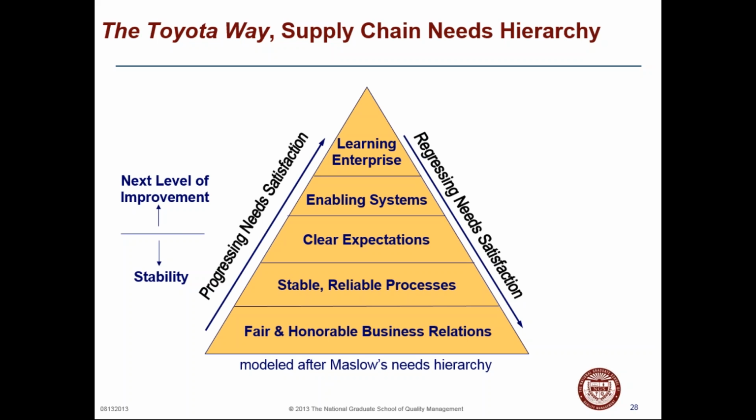But here it suggests that until you build those relationships with your suppliers and stabilize them to the point where business relationships are fair and processes are stable and expectations are clear, it's really impossible to get to those higher levels of enabling systems and to truly learning together as an enterprise system.